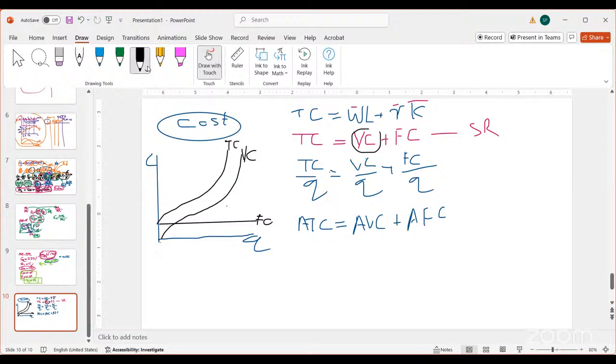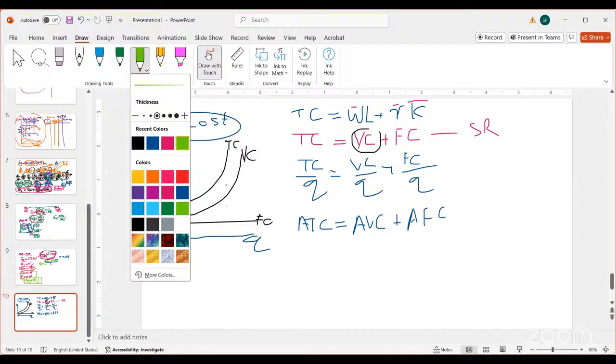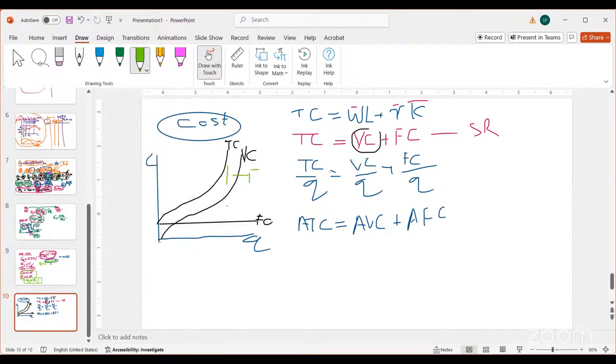Now, this difference is always the same, that becomes the fixed cost. So coming out from here.